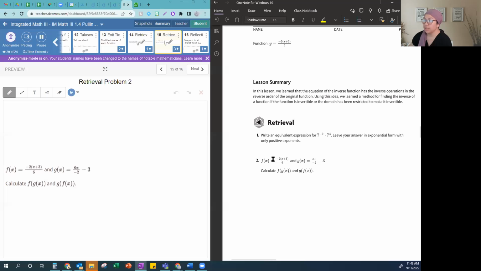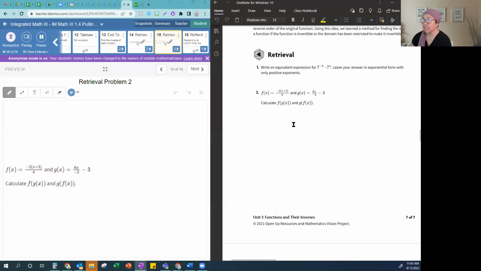So this is you plugging this into here and this into here. So it's that vice versa thing that we did earlier. So this is probably going to be the last problem before I end it, and then I'll pick this up. If you still have questions on those, I'll put another thing up so that we can review before a quiz.